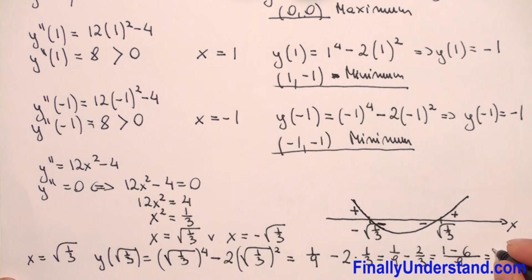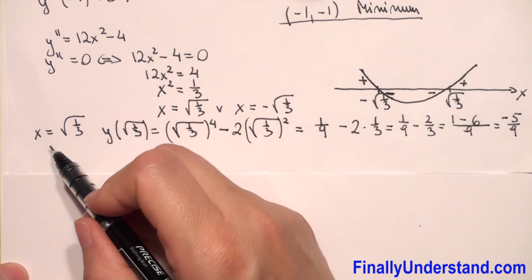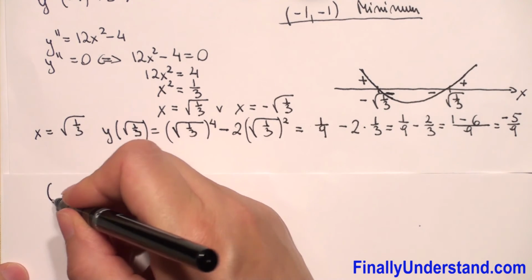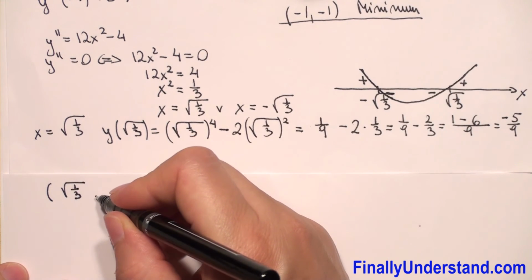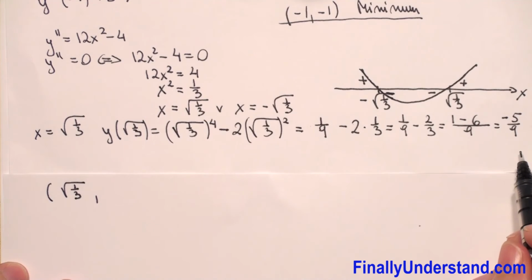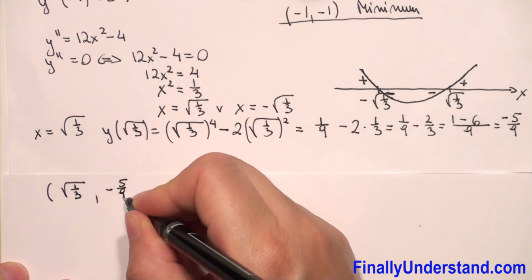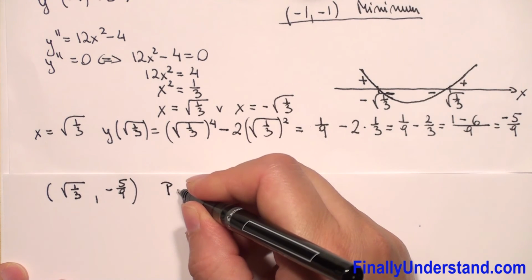So we have negative 5/9. So we have our first inflection point. The first coordinate is square root of 1/3. Let me write this, square root of 1/3. And the second coordinate is negative 5/9. This is our first inflection point.